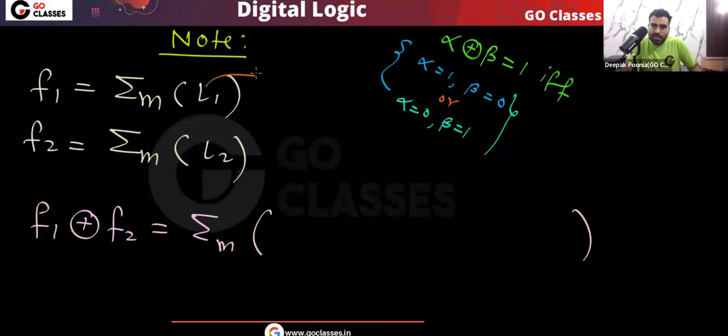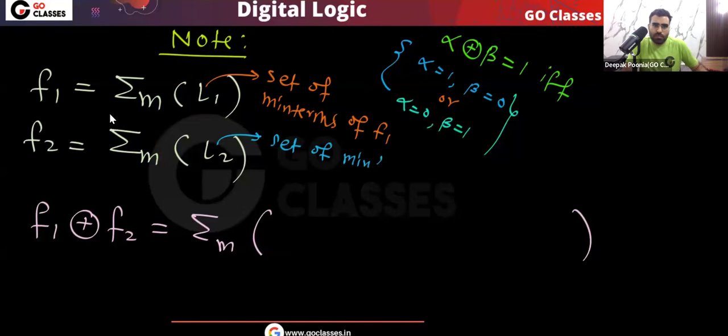Remember, these are sets. This is the set of minterms of F1, and notice this L2 is also a set, the set of minterms of F2.